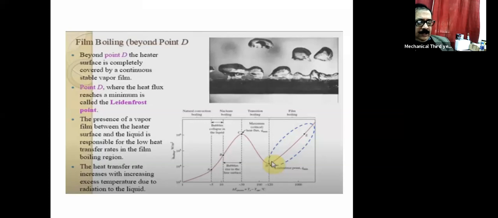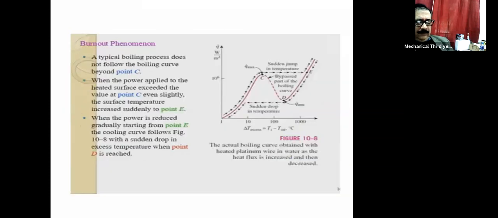Well, now there is another one, the burnout phenomenon. What does it mean? See, a typical boiling curve does not follow the boiling curve beyond point C. Up to C, everything follows this typical boiling curve. Now, what happens here?